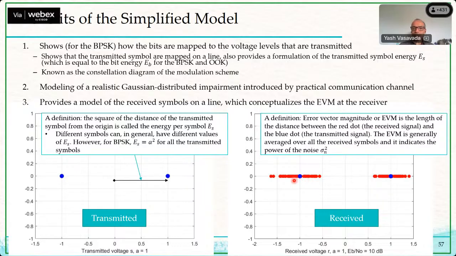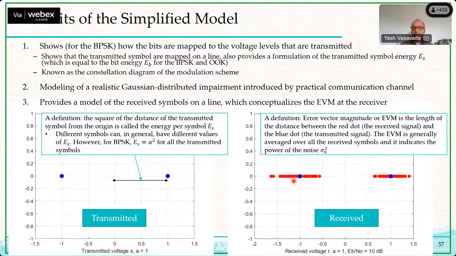So I have shown here what could be the received symbols if the transmitter sent, let's say, 100 symbols, out of which roughly about half were +1, half were -1. Because of the noise, the symbols which were received when the transmitter sent +1 were not exactly at +1, but they were a little bit shaky version of +1. Same way for the -1. So there are about 50 red dots around -1, around 50 red dots around +1.